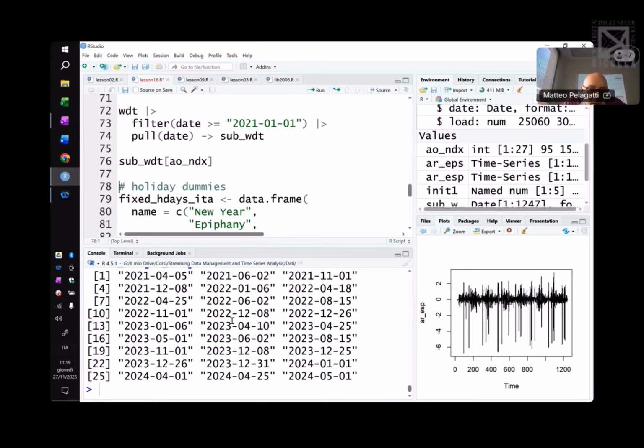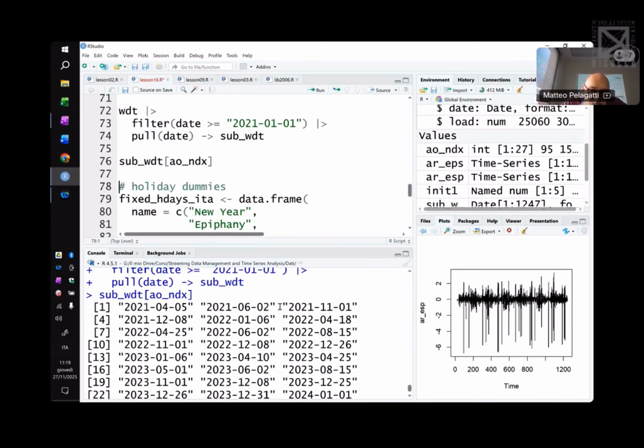Okay, let's see if it's working now. Now it's working.